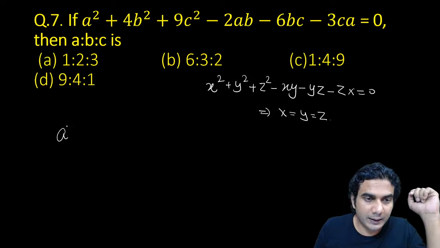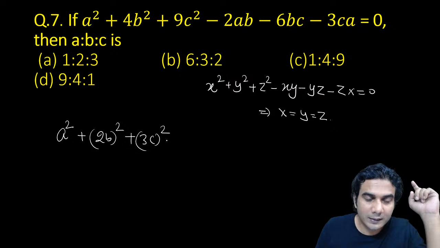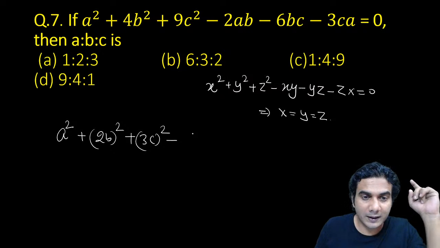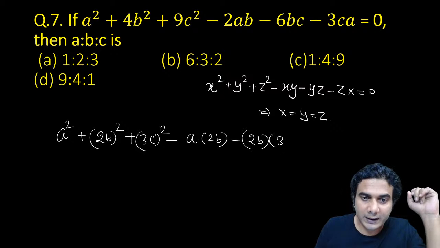Yes. So a square as it is, 4b square as 2b the whole square, right? 9c square is 3c the whole square, minus 2ab, that means a into 2b, minus 6bc, so minus 2 into b into 3c, and minus a into 3c.